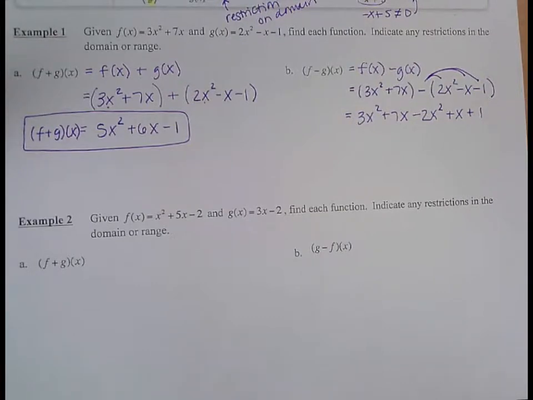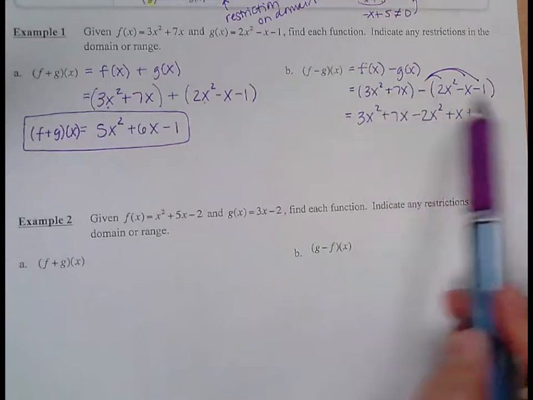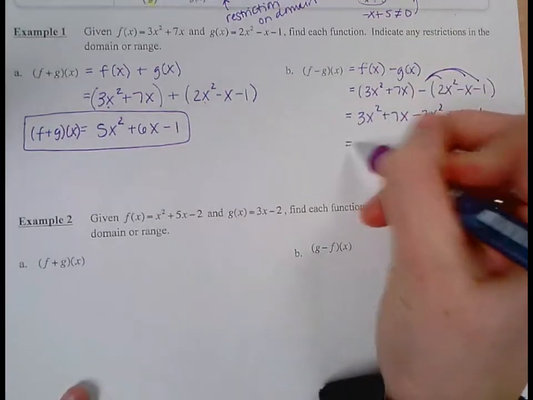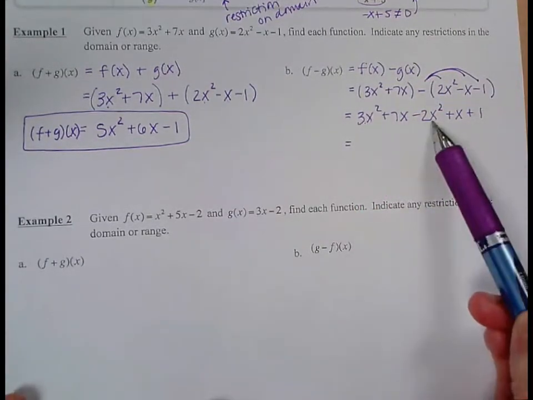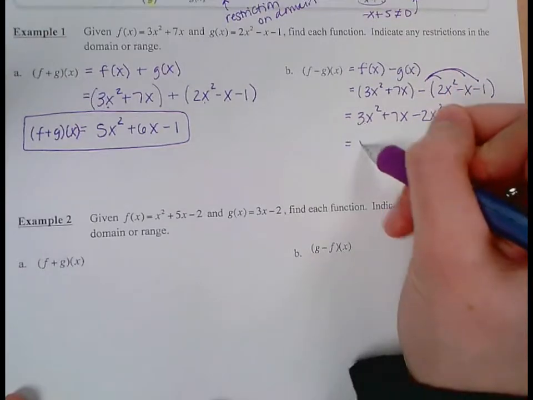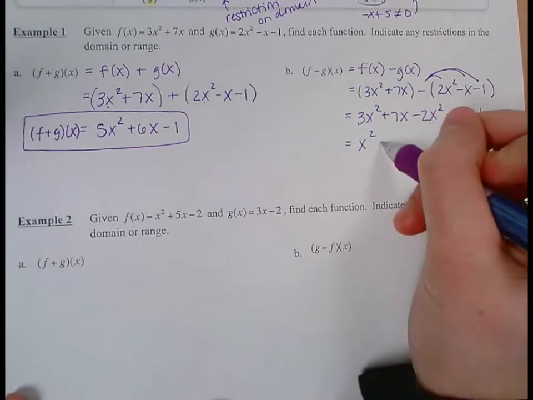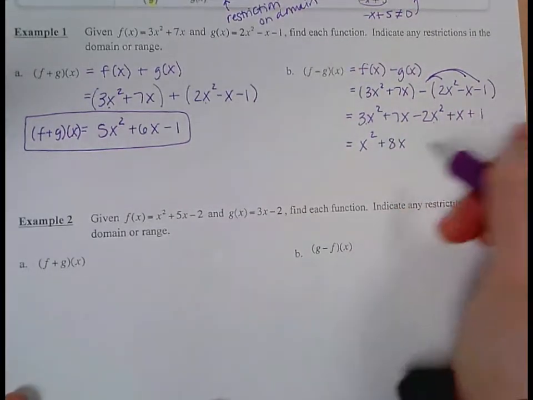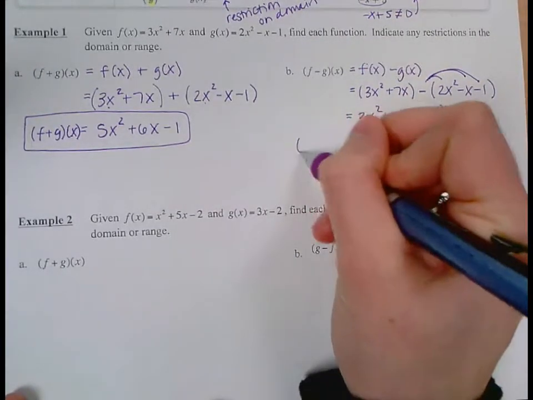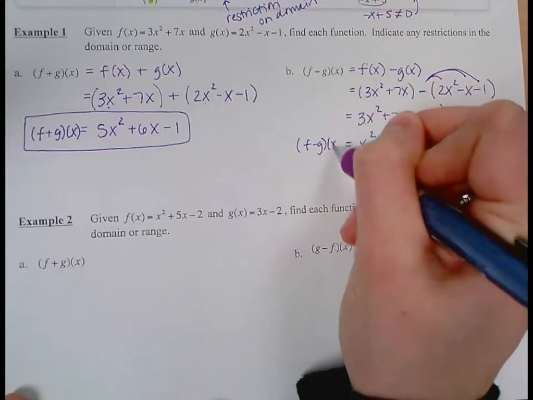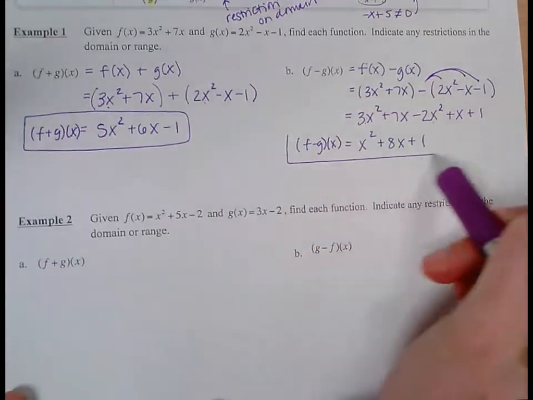And then I can combine my like terms. So some of you just subtract right away, which is fine. Just make sure you are subtracting everything. So I would end up having 3x squared minus 2x squared, so x squared, 7x plus x, so plus 8x, and then I have a plus 1. And that is f minus g of x.